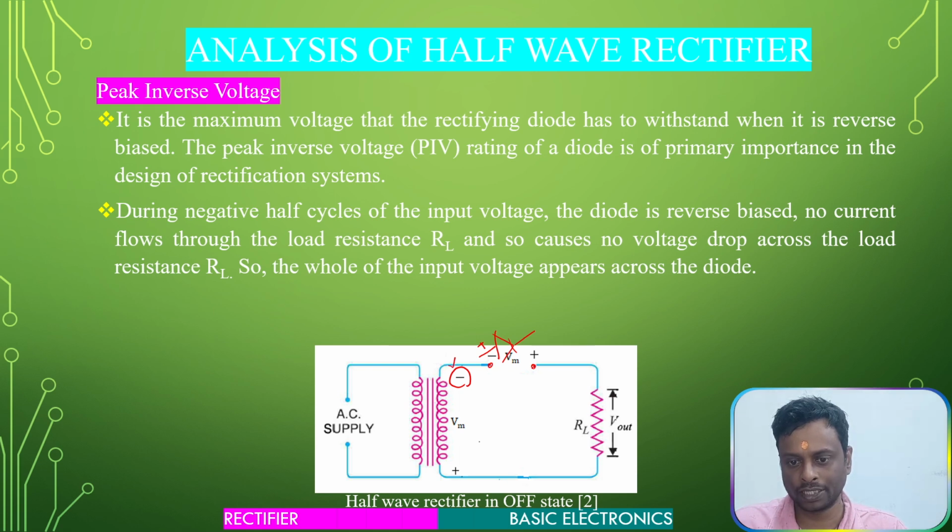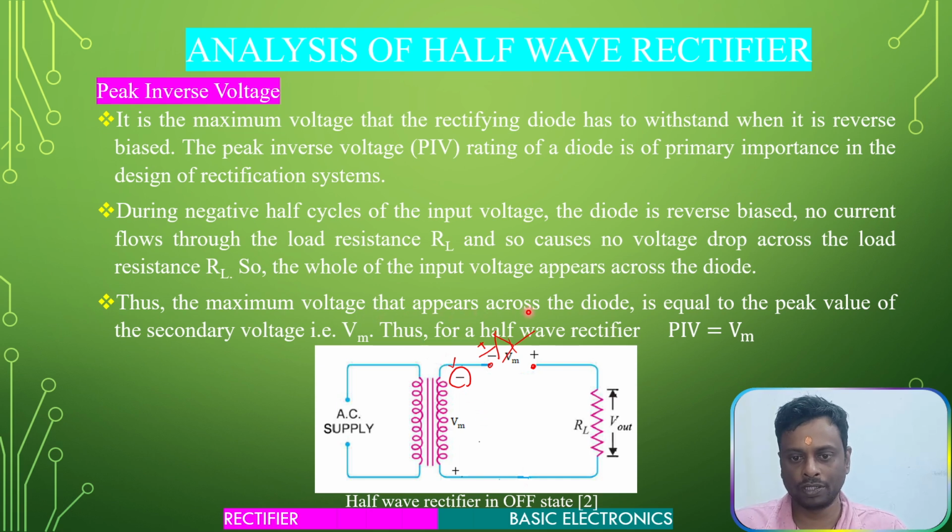In this case there is no voltage drop across the load resistance, so V output will be 0. But the whole input voltage will appear across this diode, that is Vm, the peak or maximum value of the input voltage.